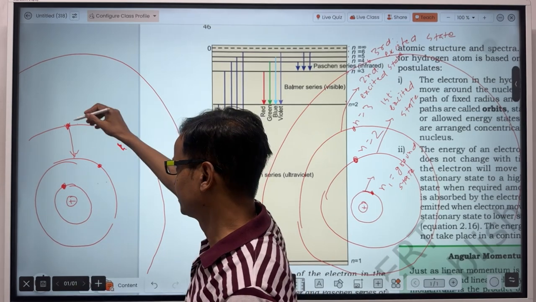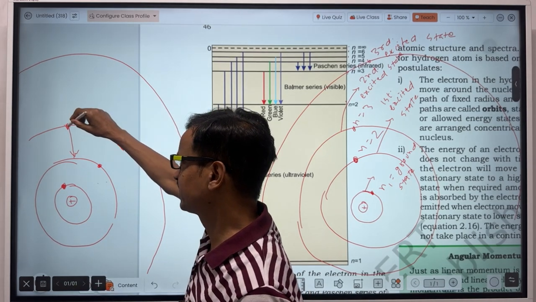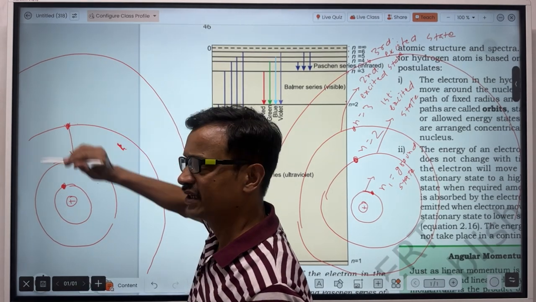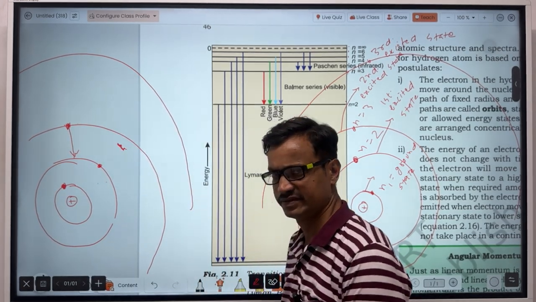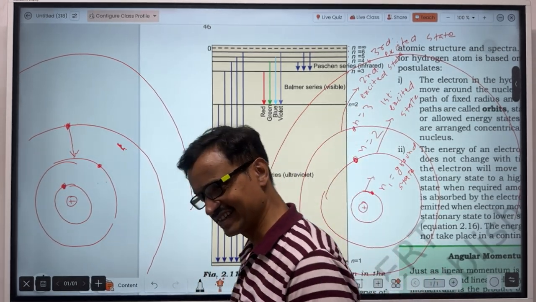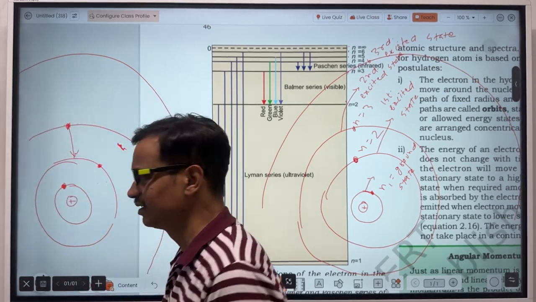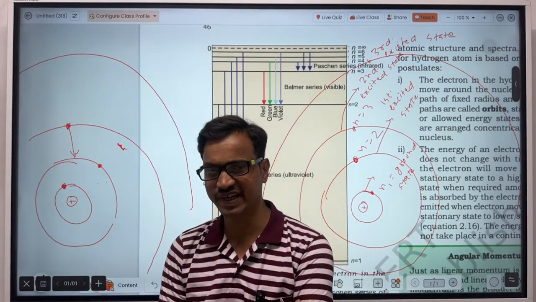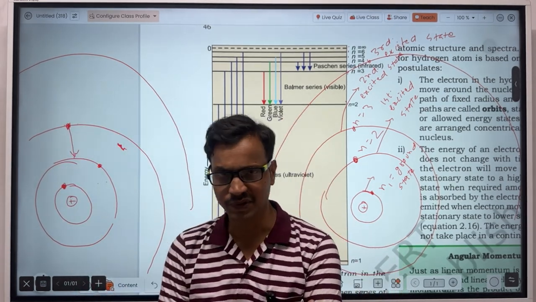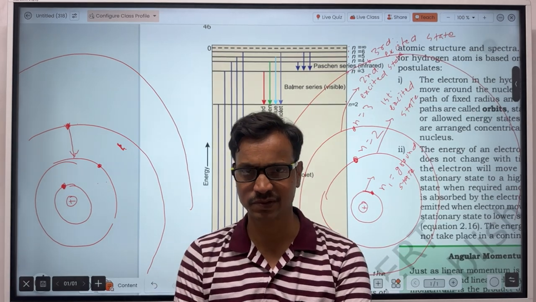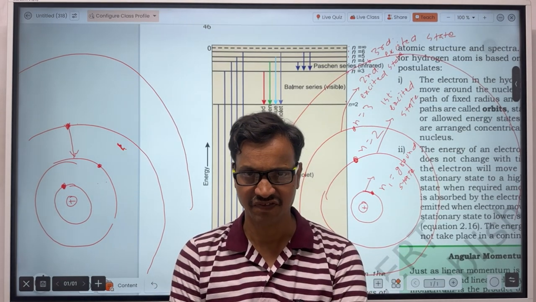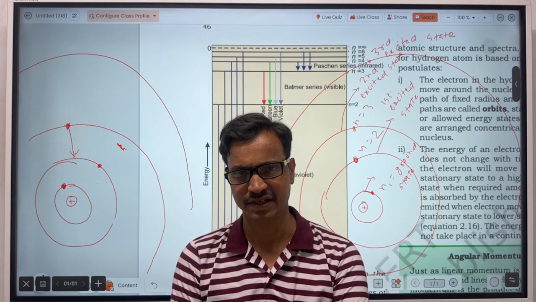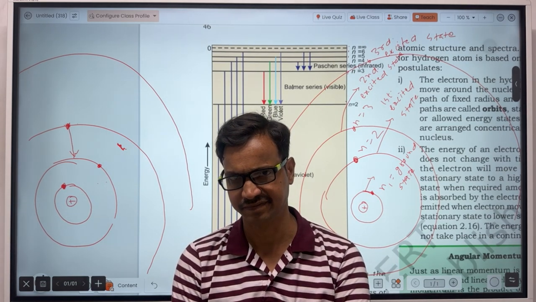And when the electron falls from a higher energy level to a lower energy level, the atom will release energy in the form of electromagnetic radiation.